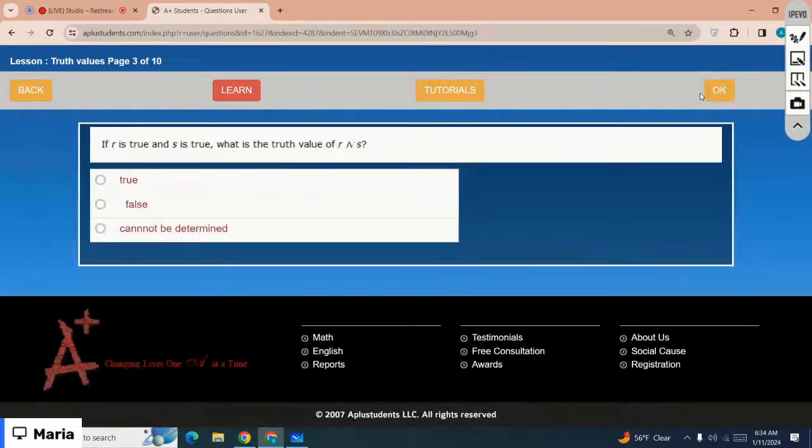If R is true and S is true, what is the truth value of R and S? So when you apply the and, if both of them are true, the answer is true, right? The question you are given, R is true and S is true, so R and S is also true. The correct option is true.